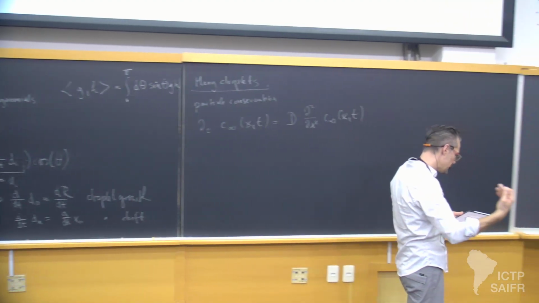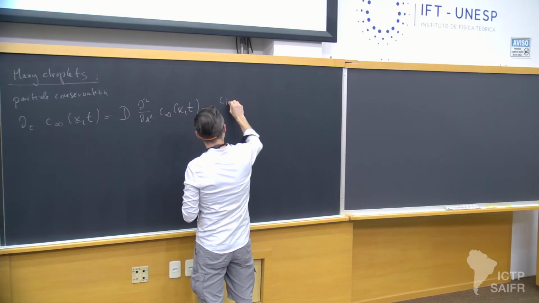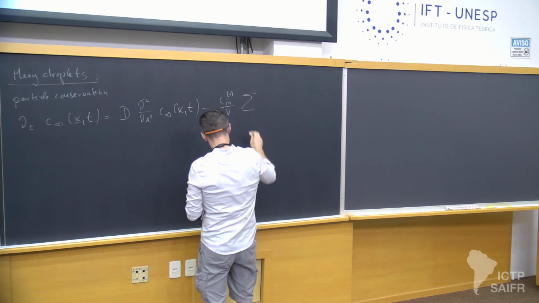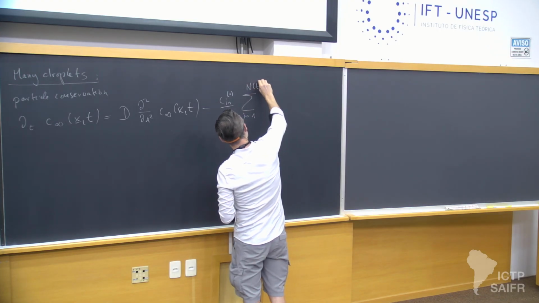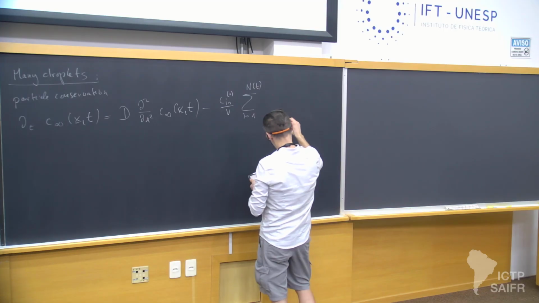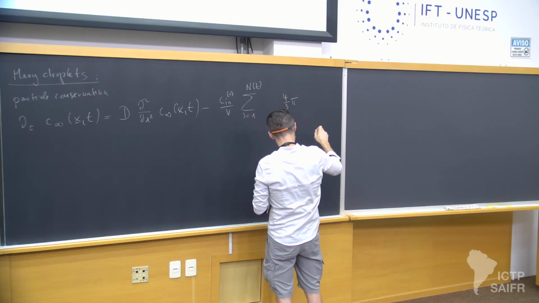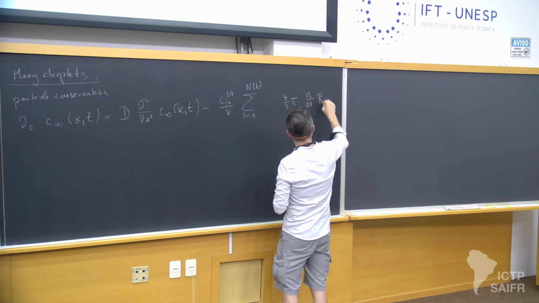And then, of course, the droplets act as sinks and sources, and this term we have already seen in the introductory lecture. So we have to sum over all the droplets, n. The number of droplets can change in time. Each droplet here in this simplified theory is considered to be spherical.